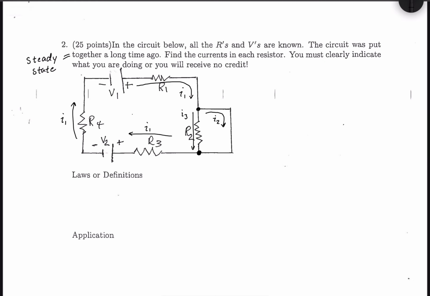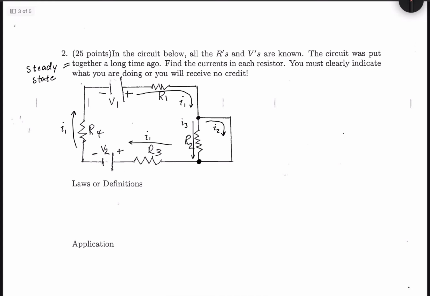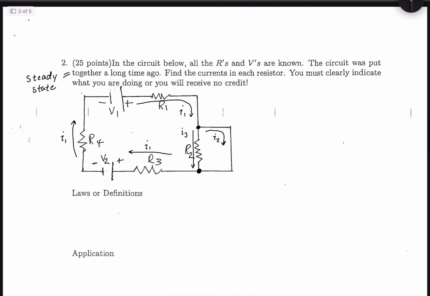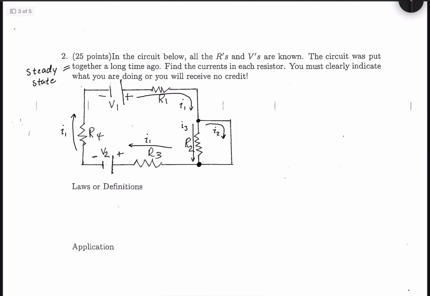Because it could very well be that this battery 2 is pushing the current up along the circuit, and all these signs, or all these arrows, would be flipped. Someone asked me that question, and it really made me think, because I wasn't actually sure about that either until they asked. So, great question.